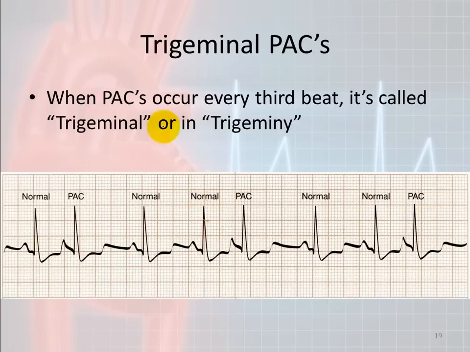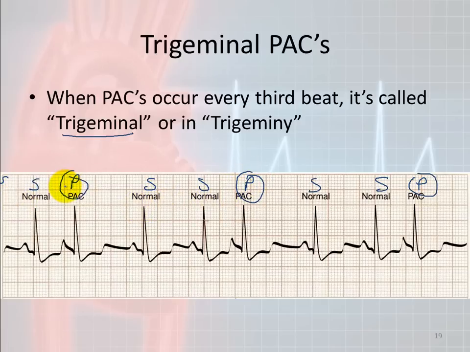If every third beat is a premature complex, it's called trigeminal or trigeminy. So we have a sinus beat and a PAC. Then we have a sinus, sinus, PAC. Well, probably there was a sinus beat over here somewhere. Sinus, sinus, PAC. So every third beat, 1, 2, 3, trigeminal. 1, 2, 3, trigeminal.